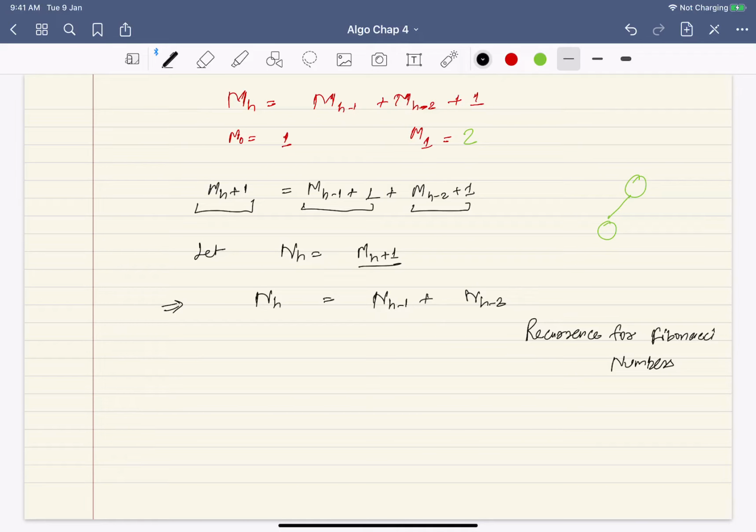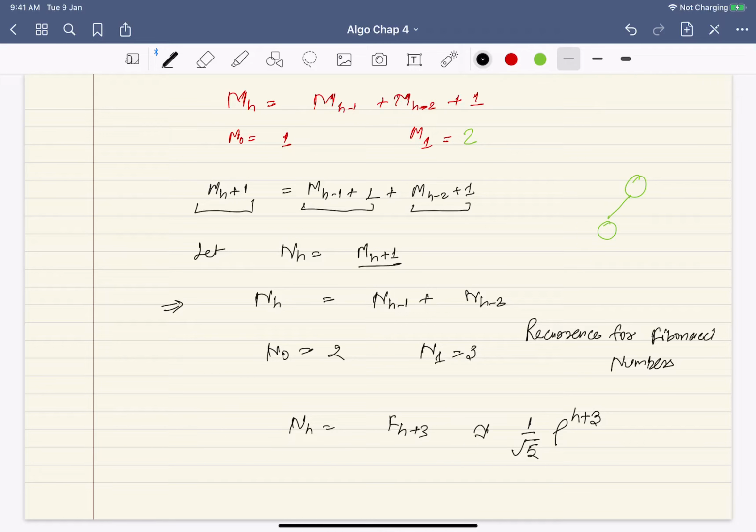And what will be the base case? n0 is m0 plus 1, so 2, and n1 is 3. So for Fibonacci, f3 is 2, so that means nh is f of h plus 3, and we know the formula, that is 1 by root 5 times rho to the power h plus 3.